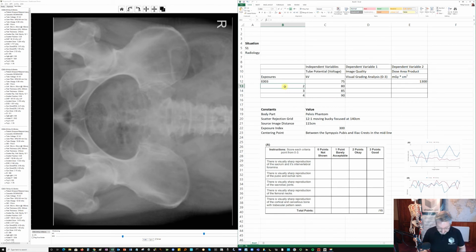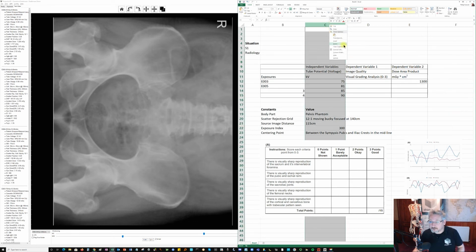So this E005, kV was 81, and the exposure index, I haven't actually put it in as a constant, so we need to put that in.